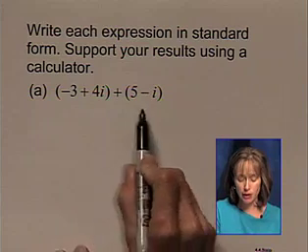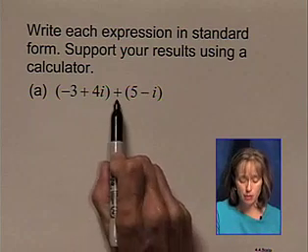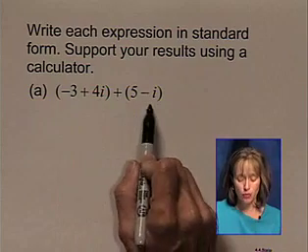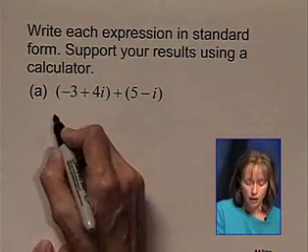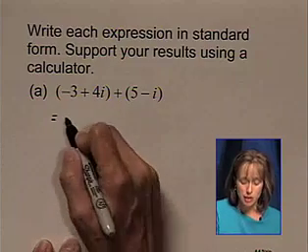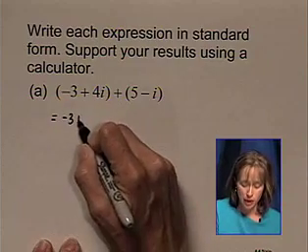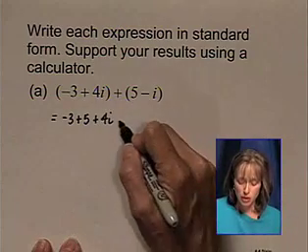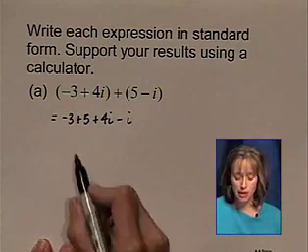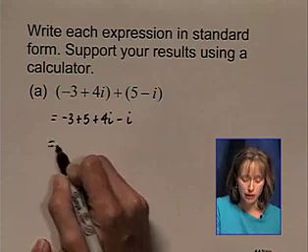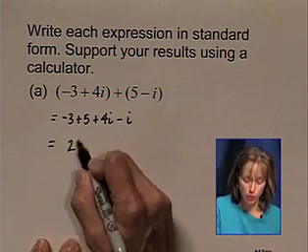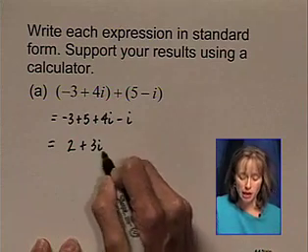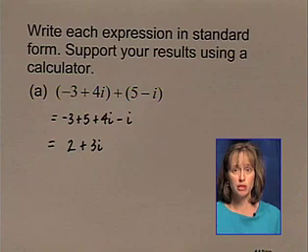The first calculation we want to make is to sum the two numbers, -3 plus 4i and 5 minus i. Removing the parentheses, this can be considered -3 plus 5 plus 4i minus i. Then combine like terms. The real parts add to 2, the imaginary parts to 3i, and that's the sum of the complex numbers.